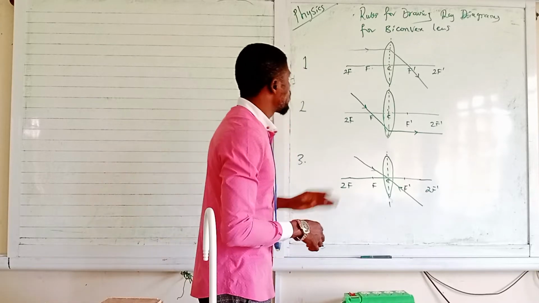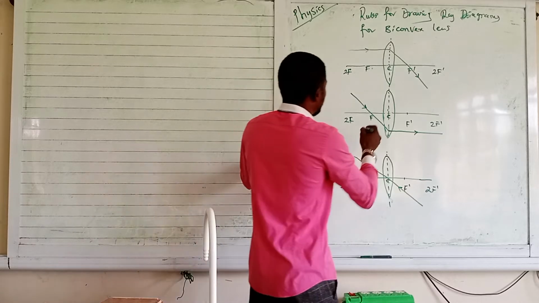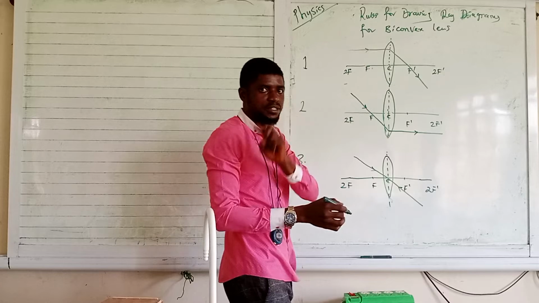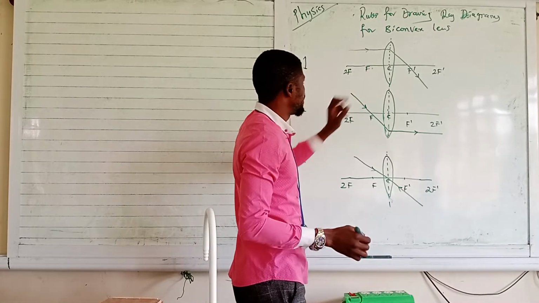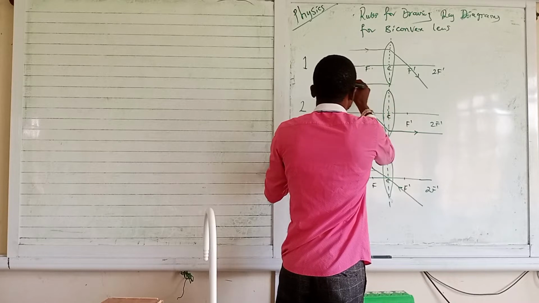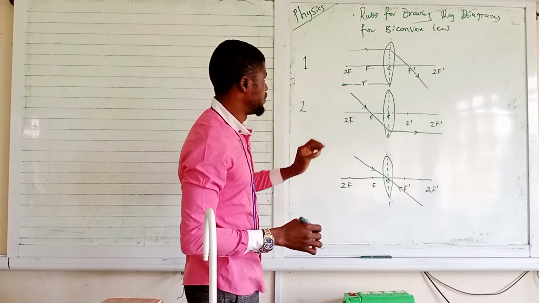Trust me. So right now, I want you to know, before we proceed, that since from here to here must be the same as from here to here, the distance from here to this point is simply what? Your r, your radius of curvature.